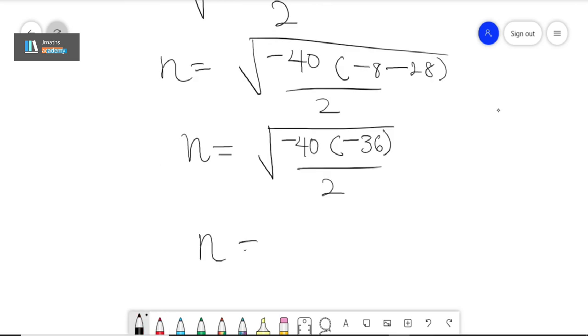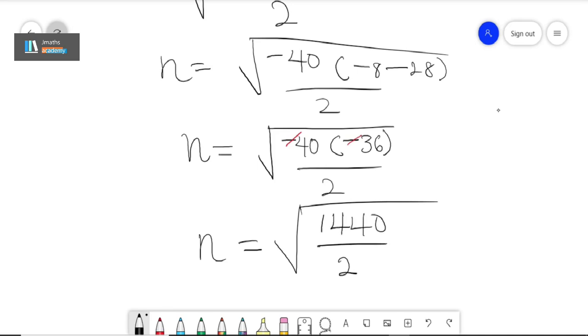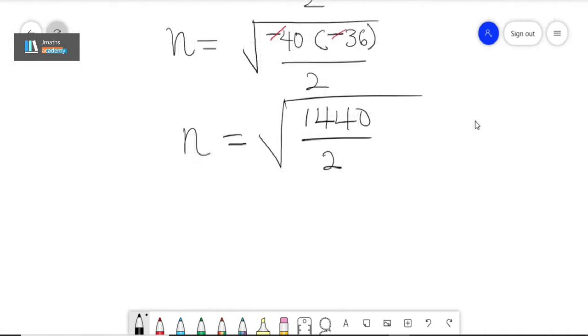So we'll have our n equal to, we know that the negative sign will cancel out, since negative times negative will give us positive. So we'll have 40 times 36, which will give us 1440 over 2. We'll have our n equal to the square root of 720.